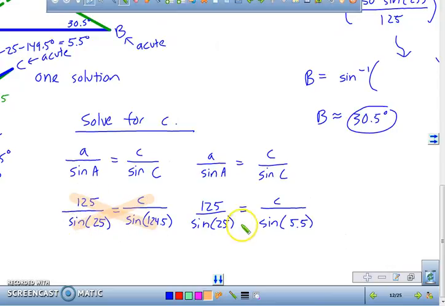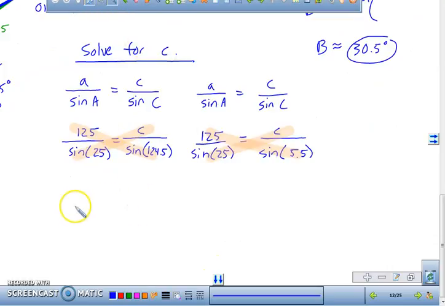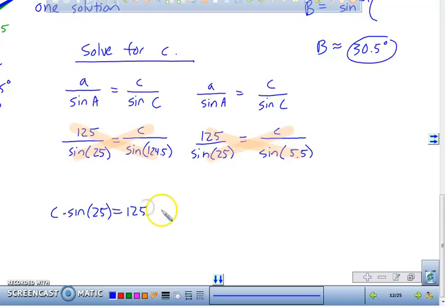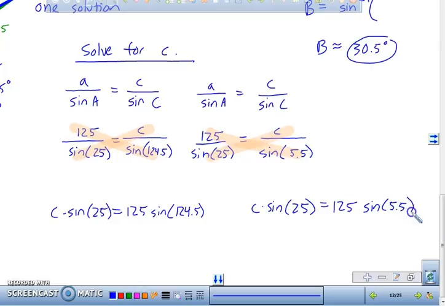This is where you're going to now cross multiply. You're going to cross multiply this. You're going to cross multiply this. Here are your cross products. C times the sine of 25 equals 125 times the sine of 124.5. Here are your cross products for the other one. C times the sine of 25 equals 125 times the sine of 5.5 degrees.